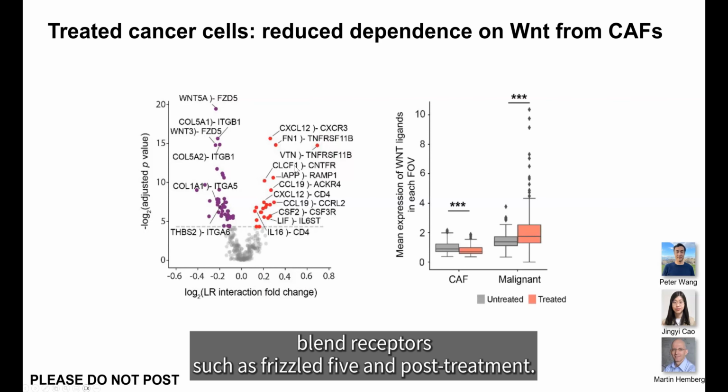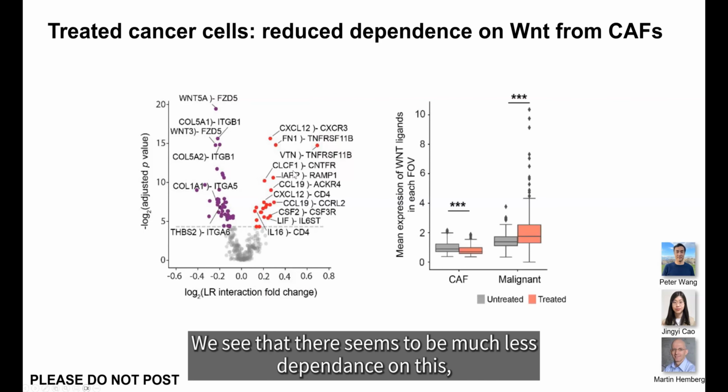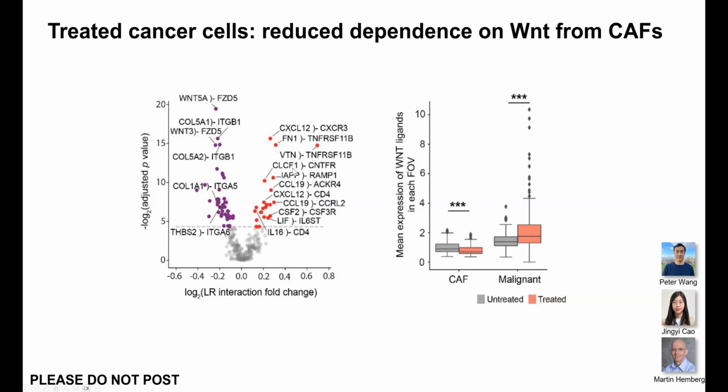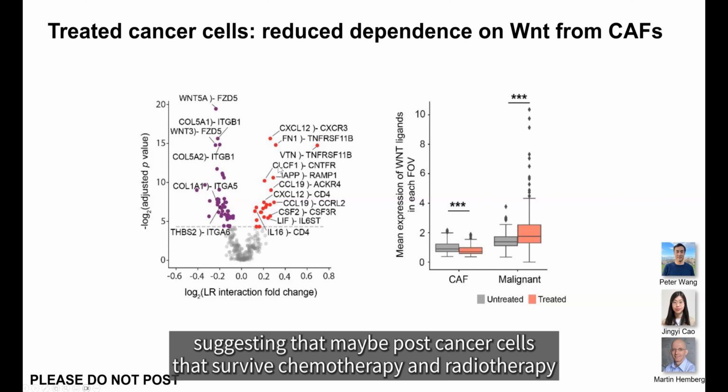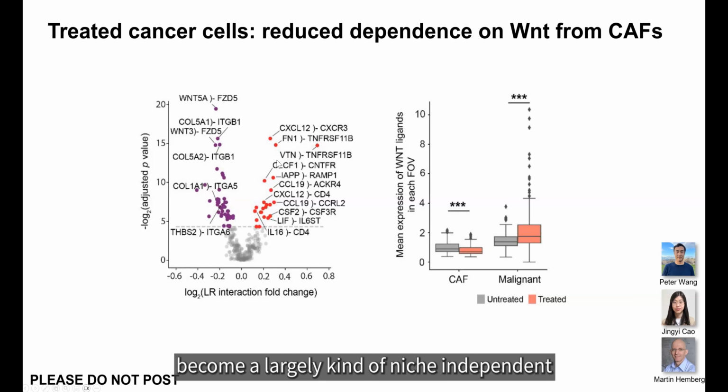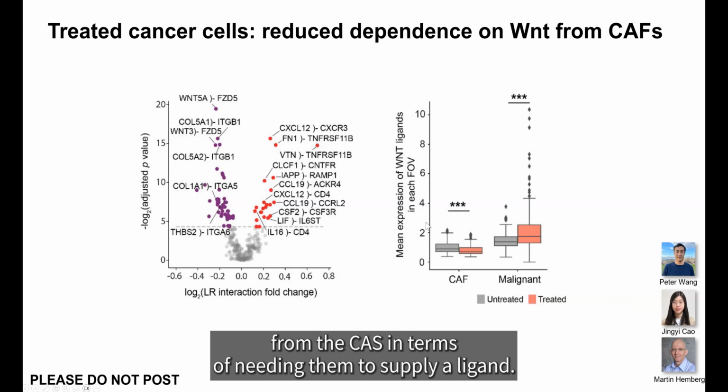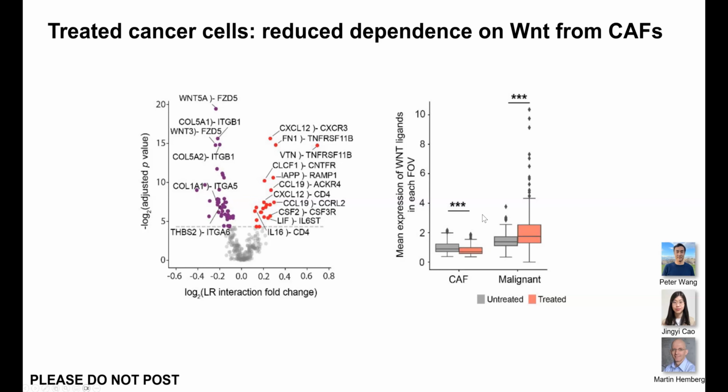And post-treatment, we see that there seems to be much less dependence on this, suggesting that maybe cancer cells that survive chemotherapy and radiotherapy become a largely kind of niche independent from the calves in terms of needing them to supply Wnt ligand.